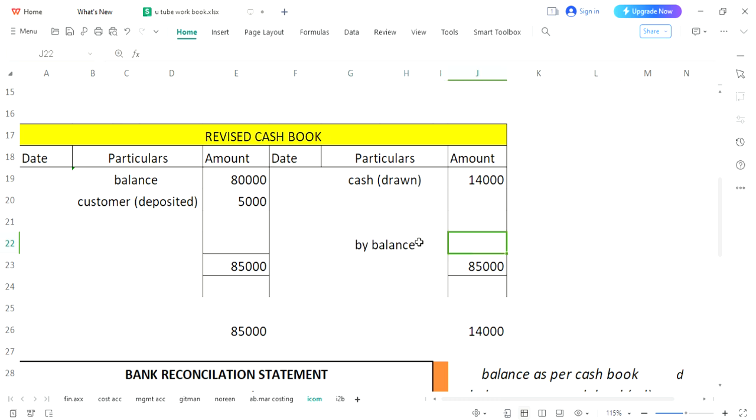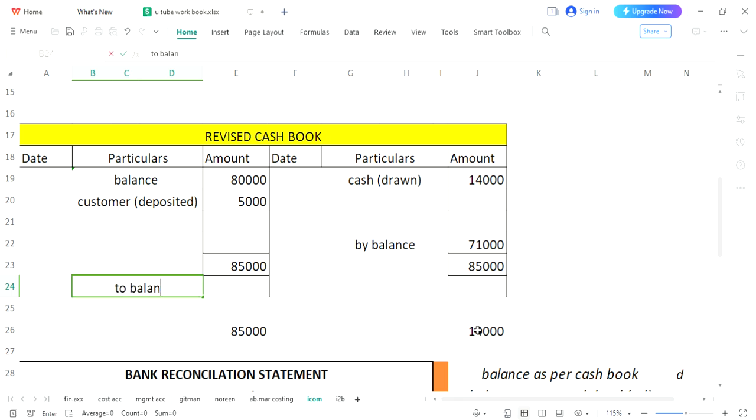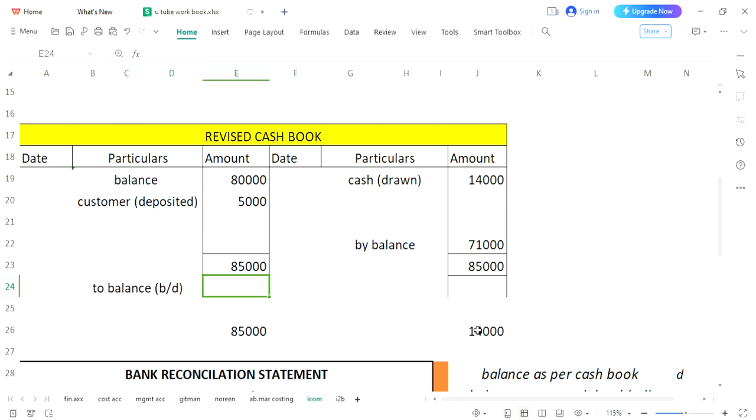And how will you calculate the balance? By subtracting the smaller amount from the larger amount. 85,000 is the larger amount, and you will subtract the smaller amount, which is 14,000. So you have got the balance. The last step is to bring down this balance, and here you will write brought down. And how much balance? Look at here, 71,000 you have calculated, brought it down.